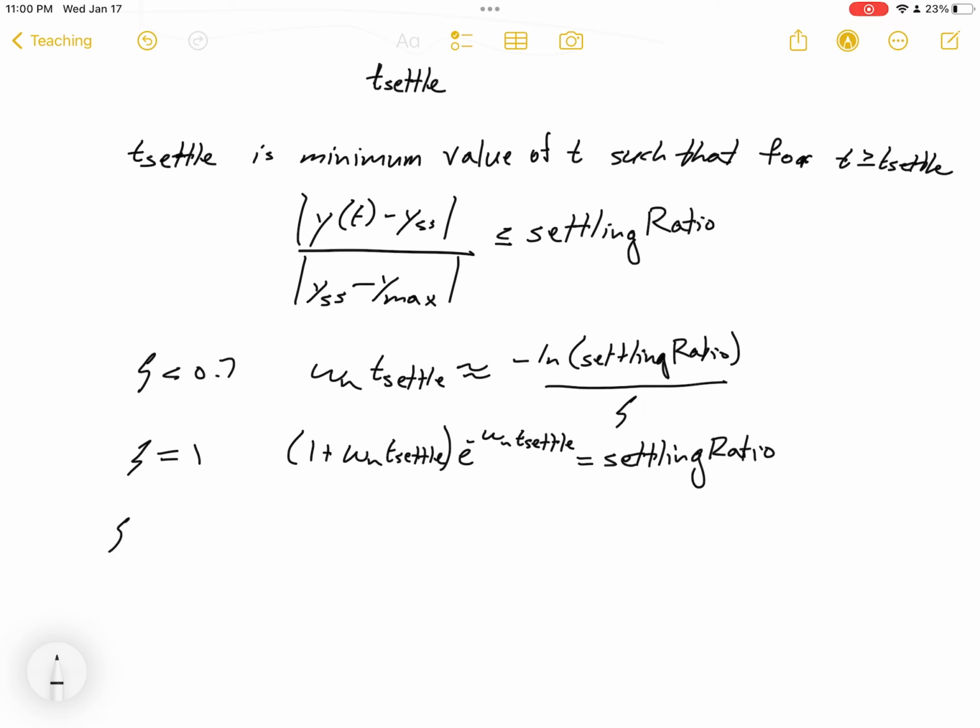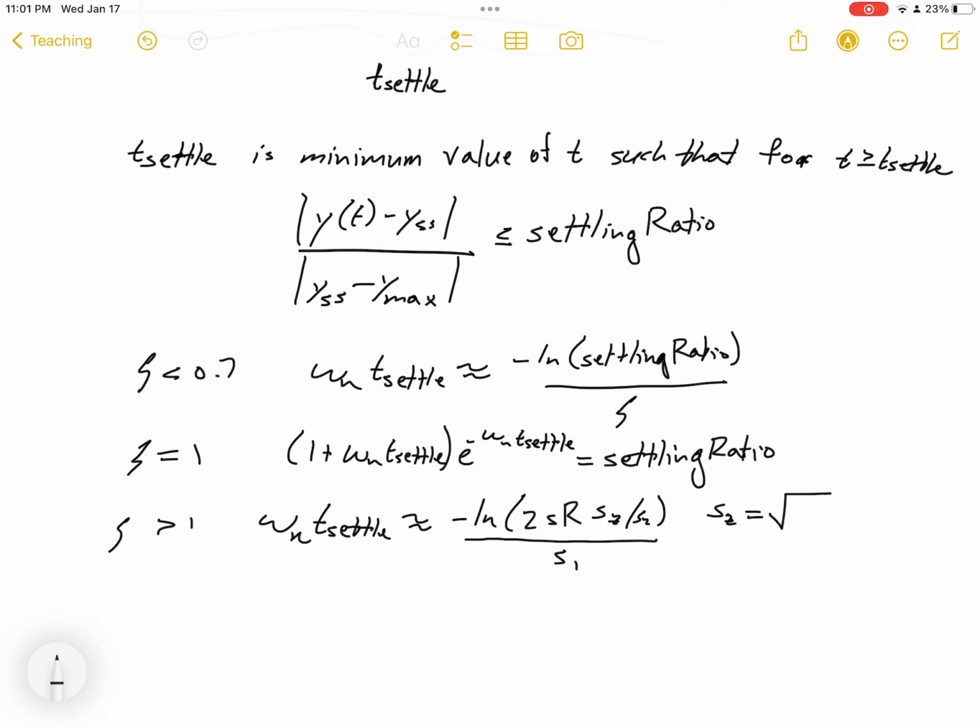And for zeta greater than 1, so you can see this settling time applies also for critically damped and overdamped systems, omega n times t settle is approximately equal to minus natural log of 2 times the settling ratio, I'll go ahead and abbreviate that, times sz over s2, we'll go ahead and define these in a second, over s1, where sz is a quantity equal to the square root of zeta squared minus 1.